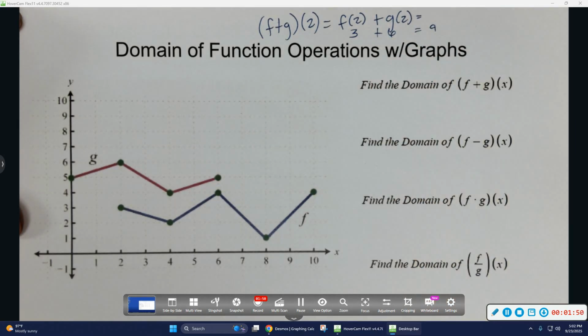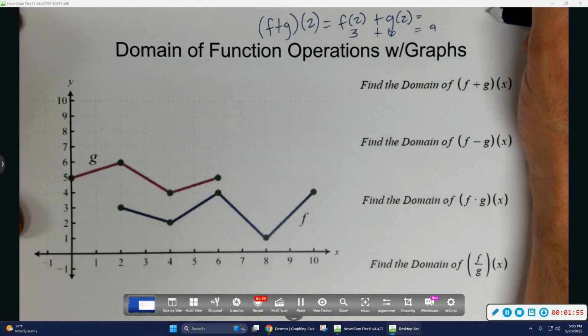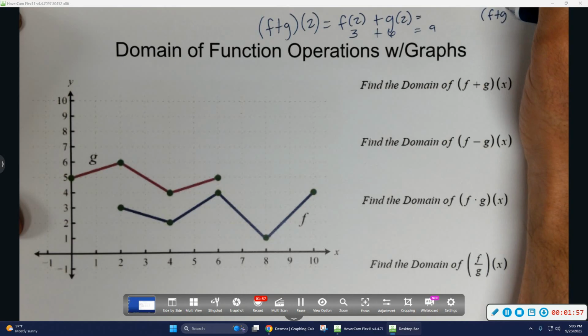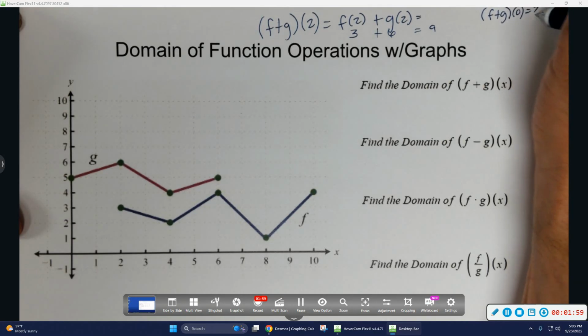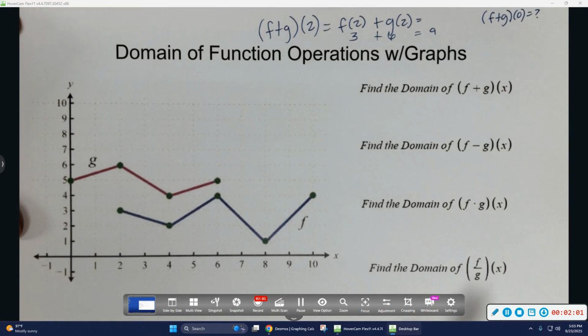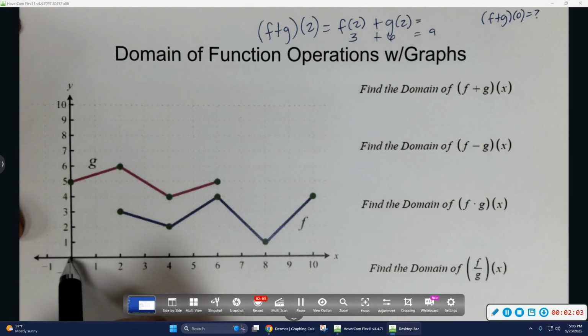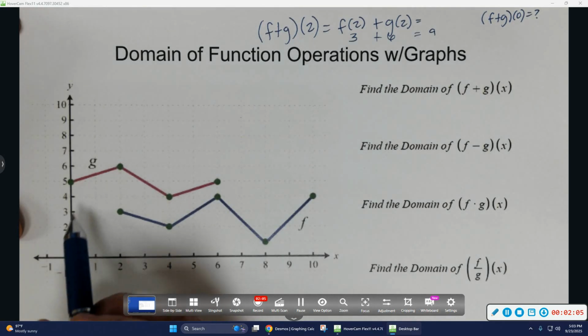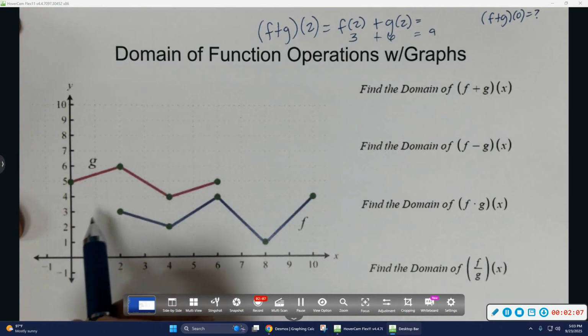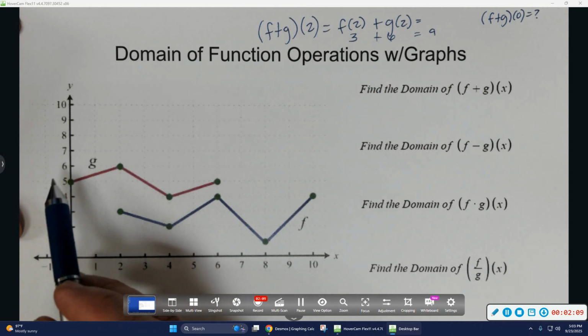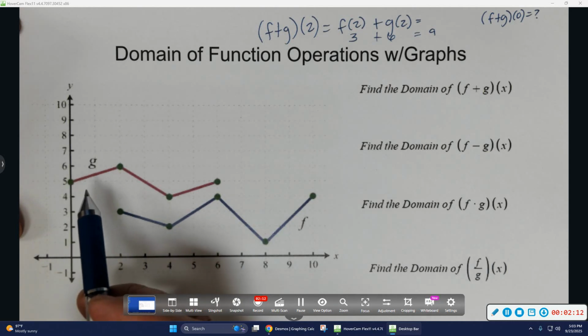Now, would I be able to do that for, let's say, f plus g at 0? If I went to 0, notice how f doesn't exist over here. The only function that exists up here is g.